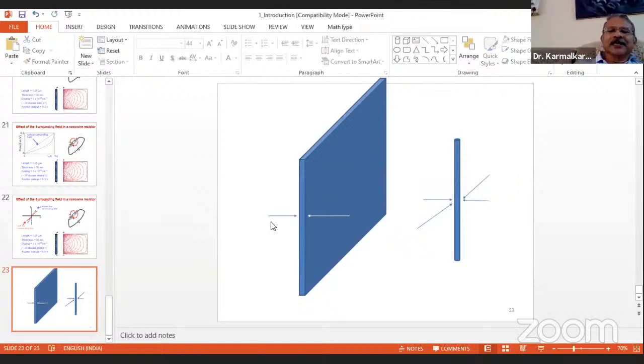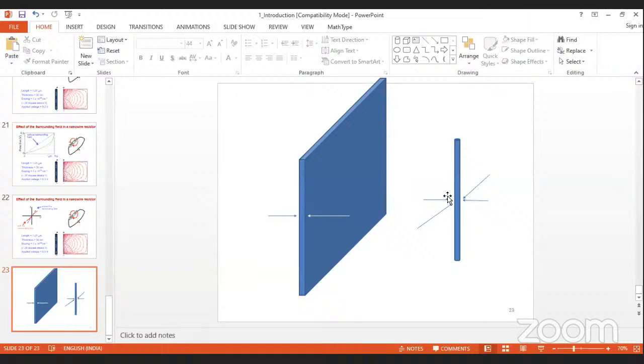That is the difference. Here it is only one direction restriction, here it is from all directions. So confinements are stronger in a wire than in a sheet.